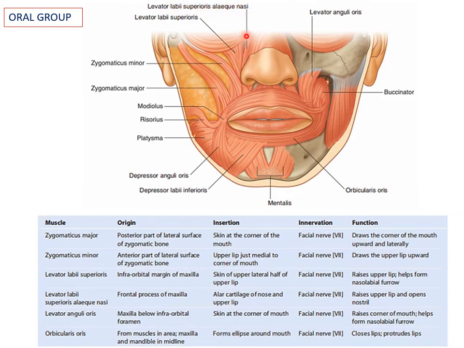This muscle arises from the frontal process of the maxilla and is inserted into the alar cartilage of the nose and the upper lip. It is supplied by the facial nerve, and it raises the upper lip and opens the nostril.